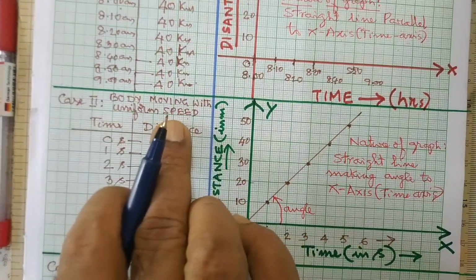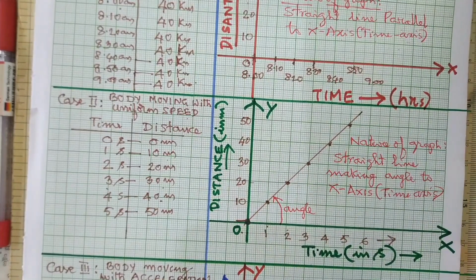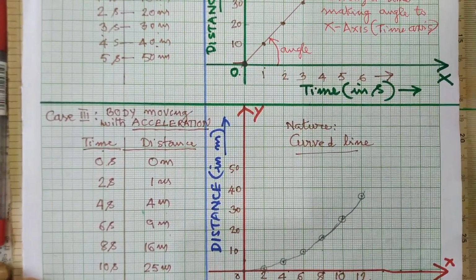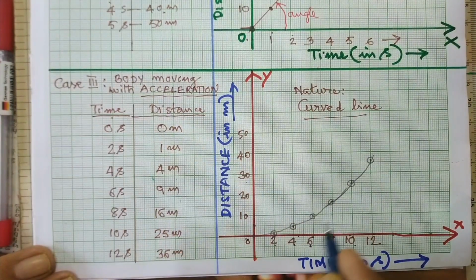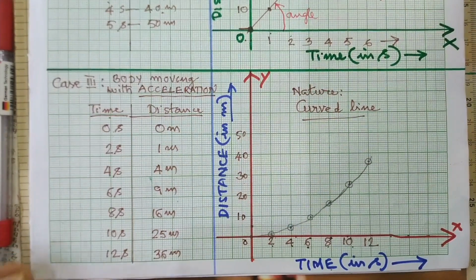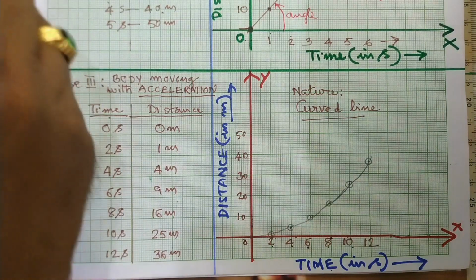Body moving with uniform speed, the distance-time graph will be a straight line making an angle with the x-axis. Whereas the third one, body with acceleration, this is the table and this is the graph we will get. This is a curved line graph. Okay. These are the three graphs. Observe carefully, listen, watch carefully, try to understand.